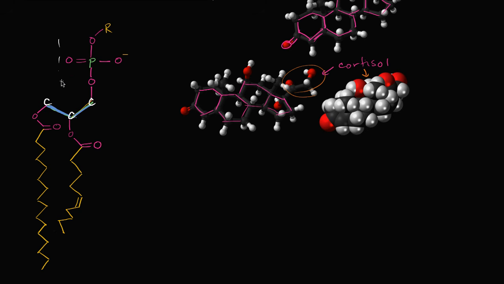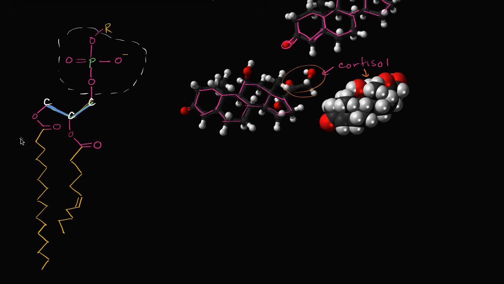So this right over here is a phosphate group, and this R could just be another organic chain, so to speak. But when we talked about amphipathic molecules, I always have to say it slowly, it's a bit of a tongue twister for me, we're talking about having a hydrophobic end and a hydrophilic end. Well, what's the hydrophobic end here?